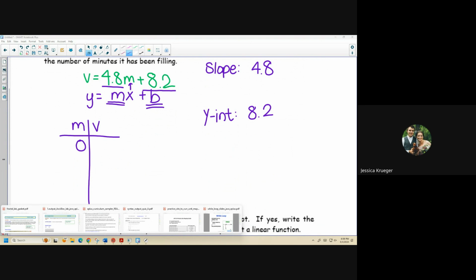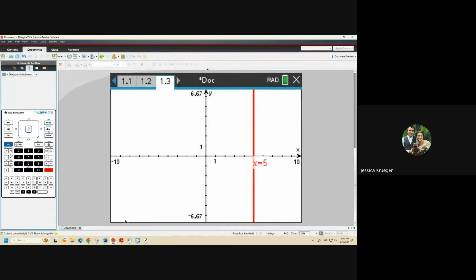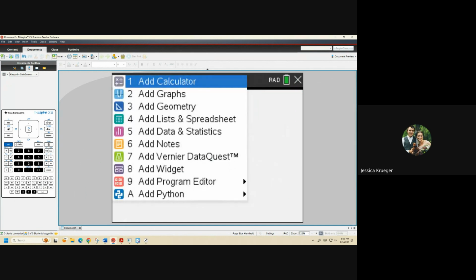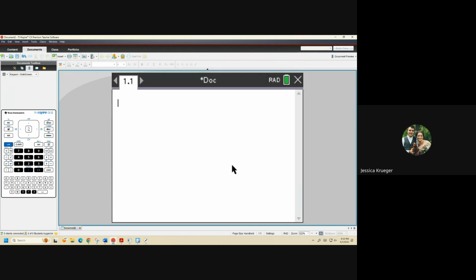So I'm going to go ahead and pull up my calculator, and I'm going to open a new document. And what I want to do, I have the function. I know I want m to be 0. So I'm going to take 0 and store it as m.